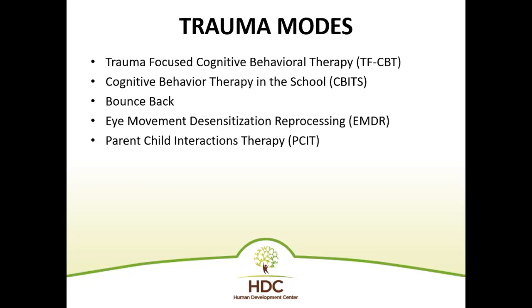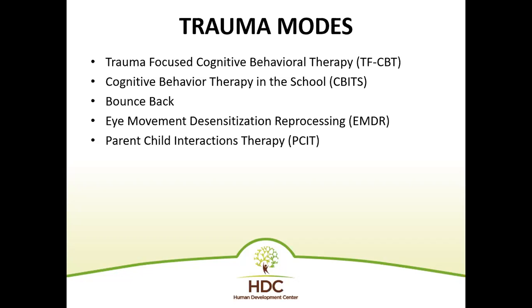This last one I'm going to change up a little bit. Instead of parent-child interaction therapy, PCIT, I'm going to talk about CPP, child-parent psychotherapy. This therapy is specifically for younger children from birth to 5 years old.